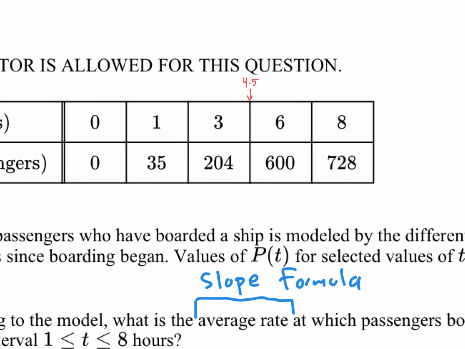So we'll use these points. This is the point 3, 204, and this is the point 6, 600. We'll basically just find the average rate of change, which is just the slope between those two points.